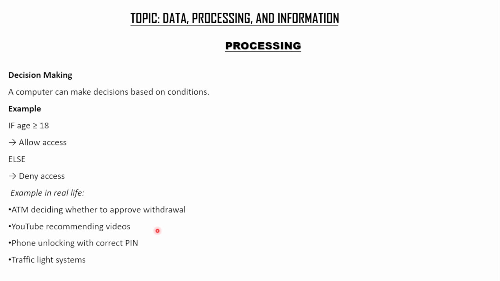Our example here: if age is greater than or equal to 18, allow access, else deny access. So the computer makes decisions based on conditions. In real life, think of an ATM deciding whether to approve a withdrawal, YouTube recommending videos to you, a phone unlocking with the correct password or PIN, and traffic light systems. These are all computers making decisions.